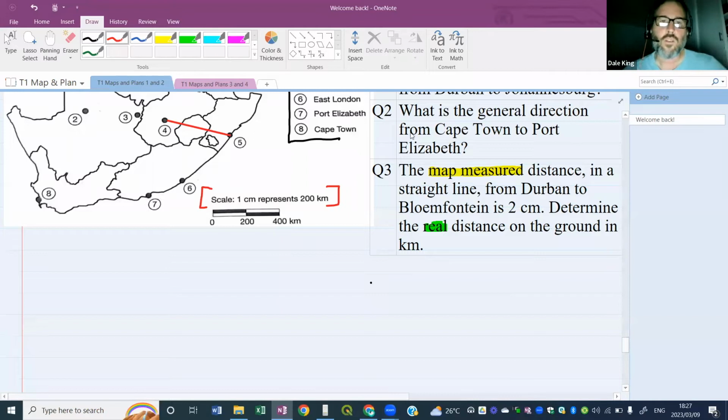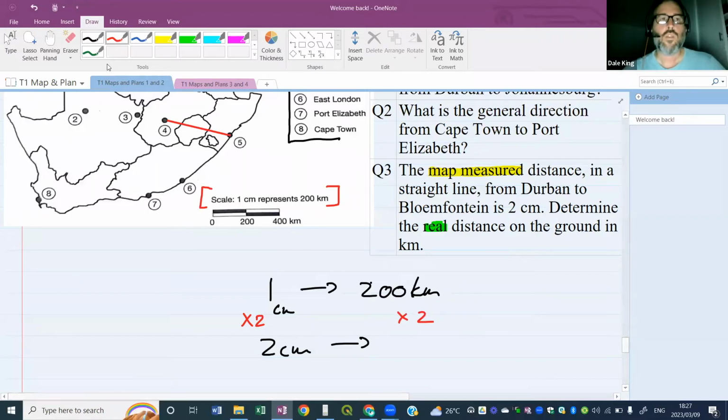And I bet you the guys have got the answers up here already. So what is 2 centimeters? With 1 centimeter, and I'm going to put units here, that gives me 200 kilometers. What will 2 centimeters be? Well, we just have to multiply by 2.